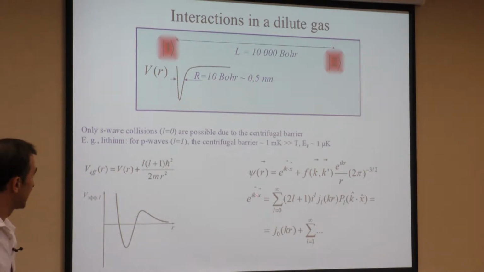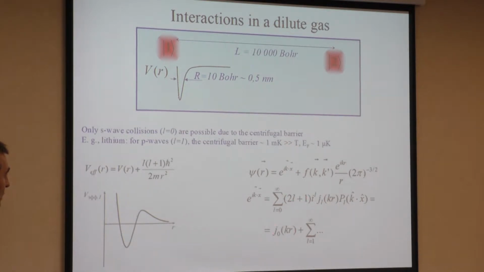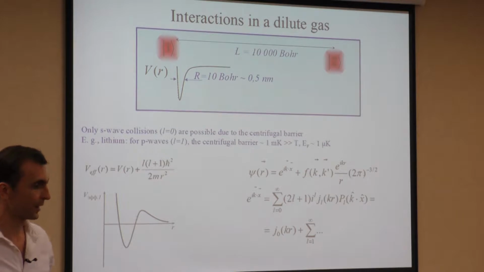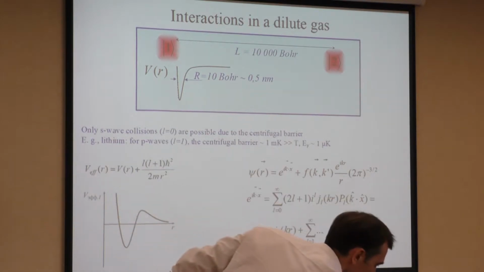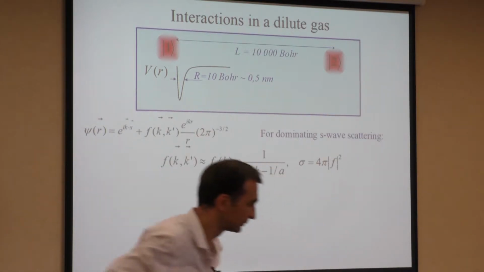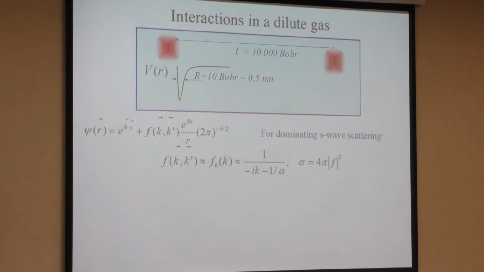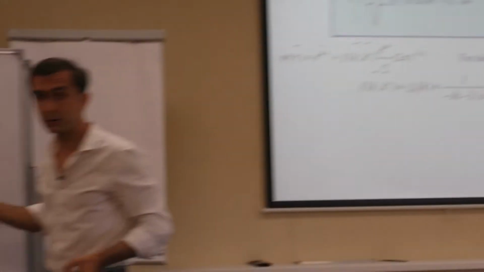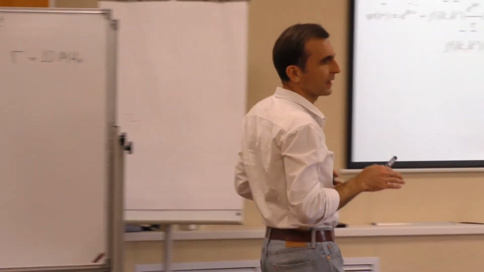So you can expand the plane wave, the free solution without potential, in the spherical basis, and the scattering can only modify the coefficient in front of the zeroth order Bessel function. What does it mean? Let me remind a little bit of basics about scattering theory. So high partial waves remain unmodified.